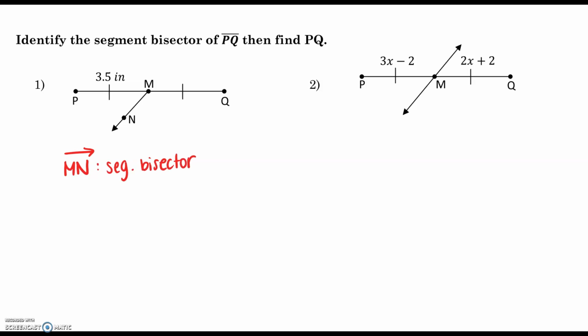That means that PM and MQ are congruent segments. PM is 3.5 inches, so we know that MQ is also 3.5 inches. So to find the length of PQ, we're going to do 3.5 plus 3.5, which gives us 7 inches.